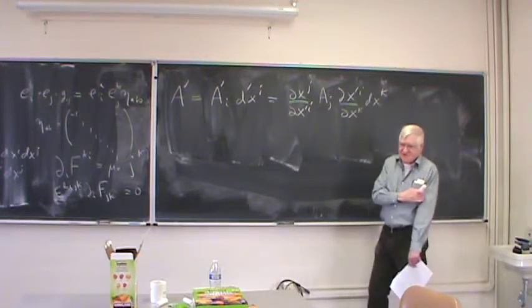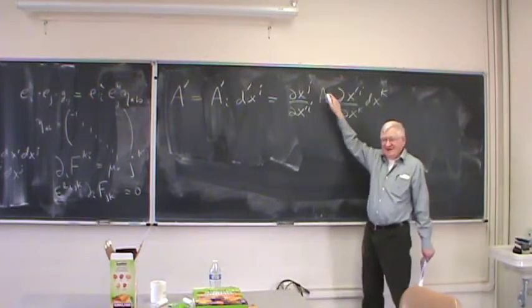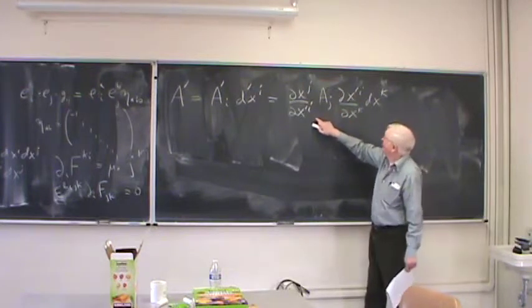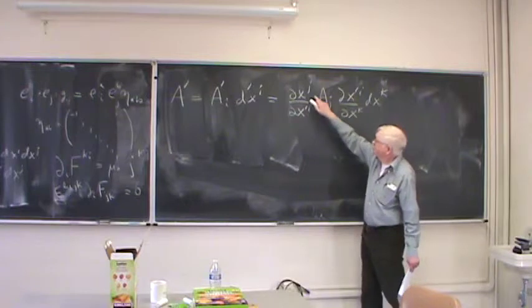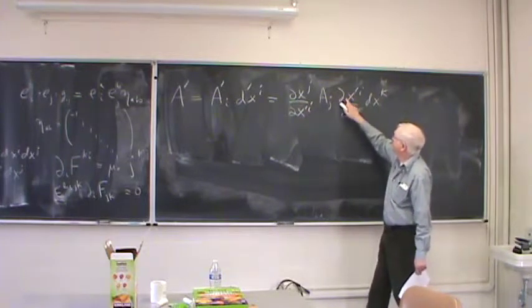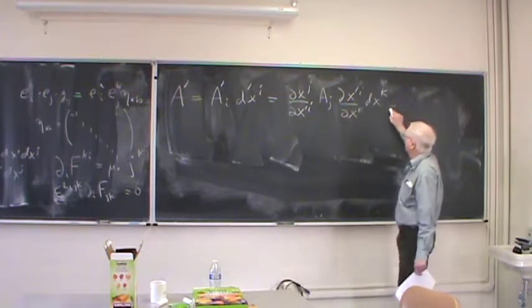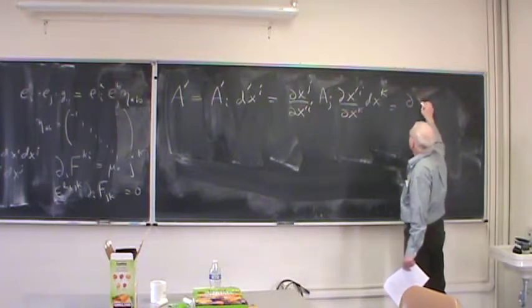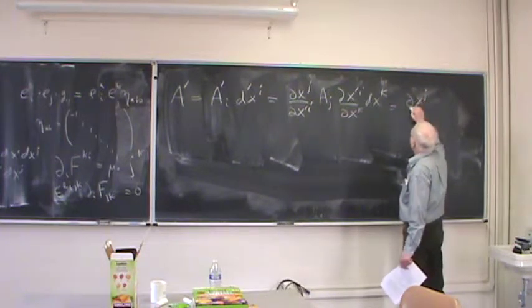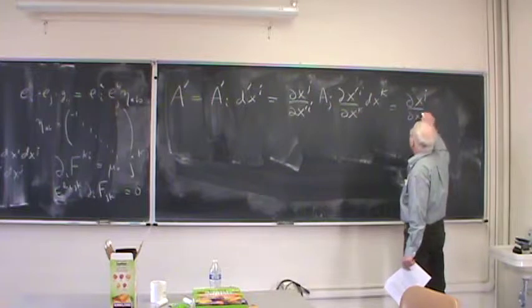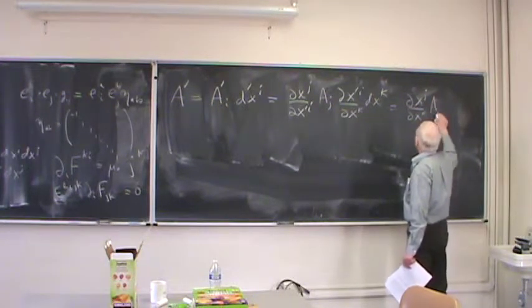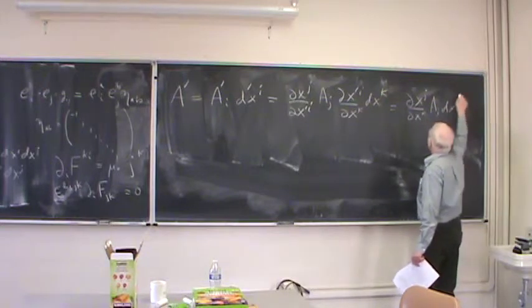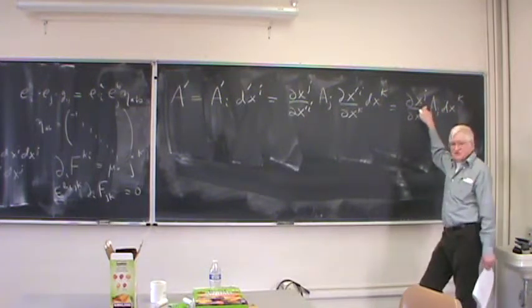Despite the fact that my left arm is down, I've got this right without a typo. Just by the chain rule, partial x^j over partial x'^i times partial x'^i over partial x^k is partial x^j over partial x^k. Of course, this is just the Kronecker delta.